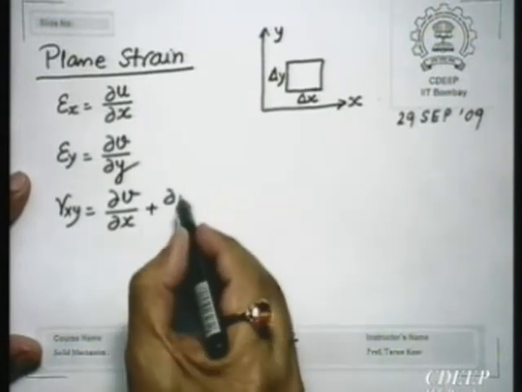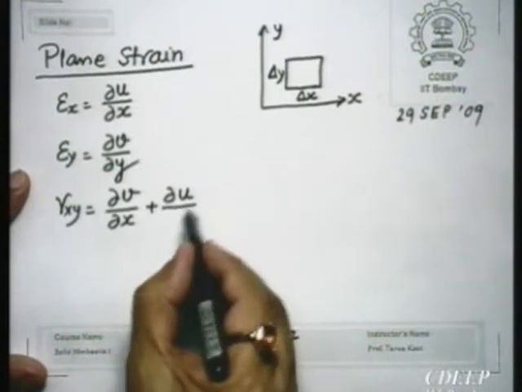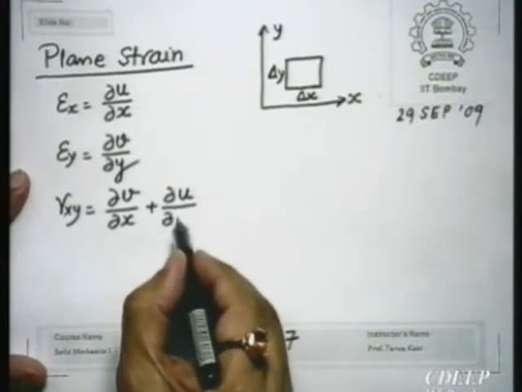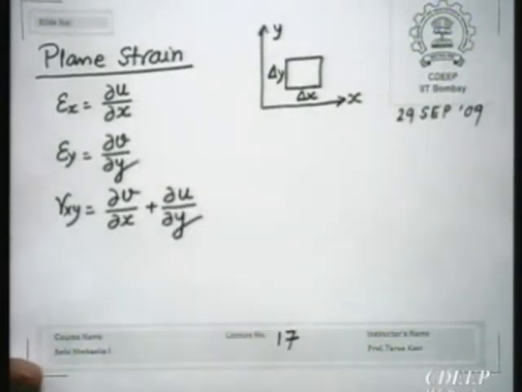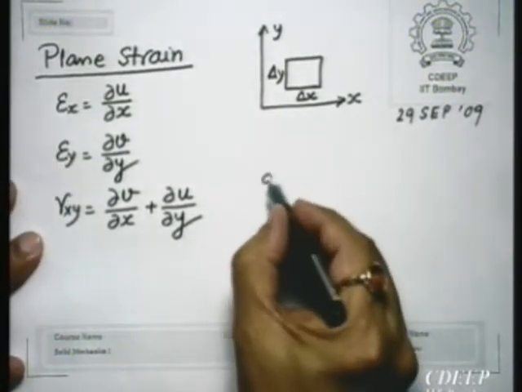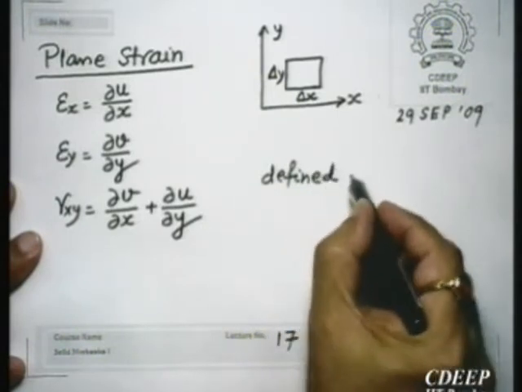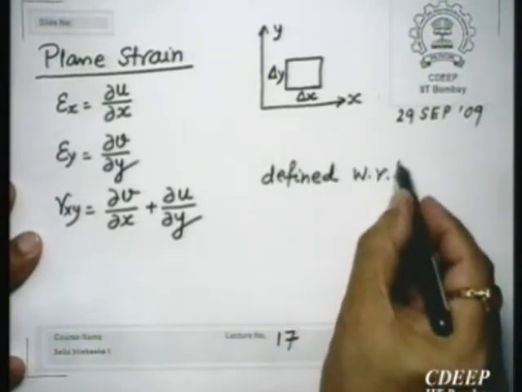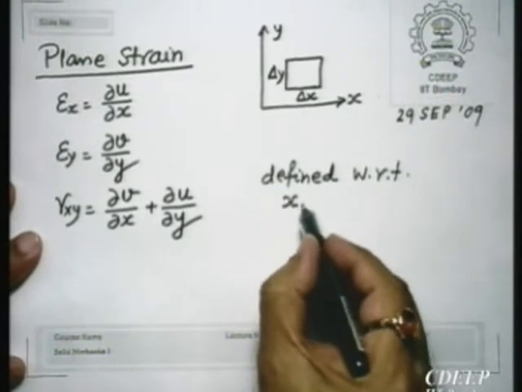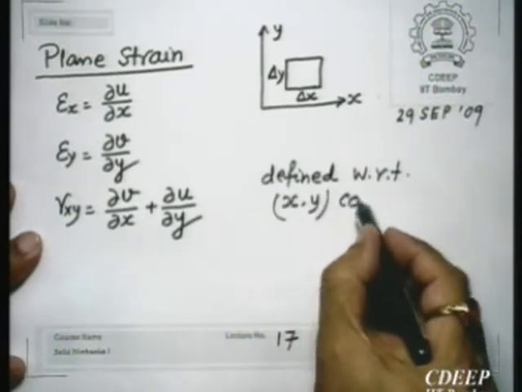Derivation of this relationship is very important, so please practice, don't forget this. This one we did. So these are the strains defined with reference to x, y.